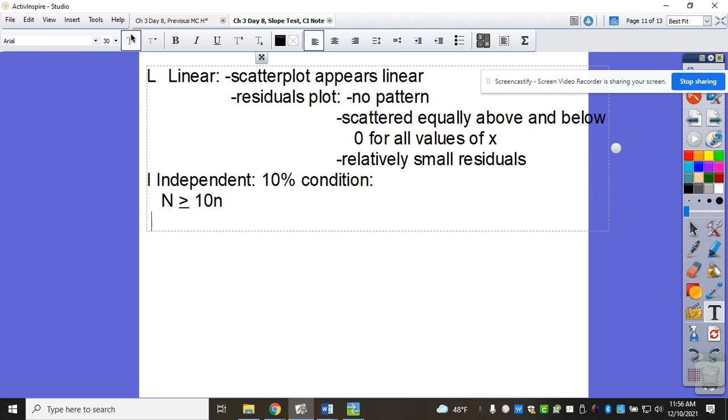What is my N for this problem? What do you think would be smart to put here?